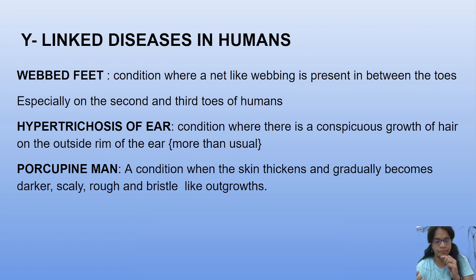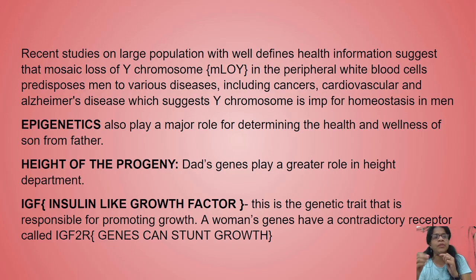As I'm interested in giving more and more information to you guys, I have gone through some important sites on what's really happening with Y-linked genes, and I came to know some interesting facts.